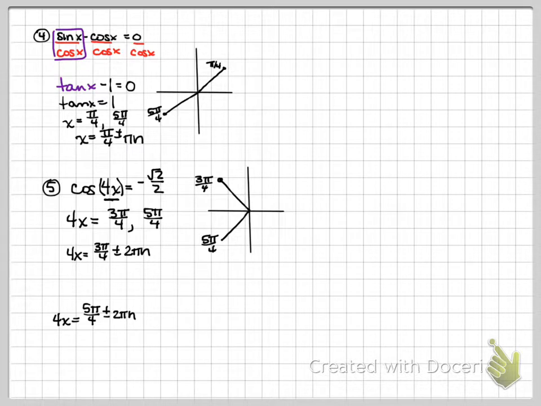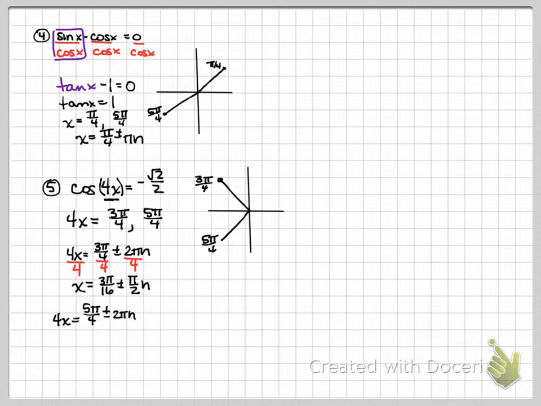Now here's where that 4 comes in. I don't want 4x, I want x. And what we normally would do is then divide this by 4. Well, if I divide my left side of my equation, I have to divide my right. So I'm just going to divide everything by that 4. That's going to give me x equals, multiply your denominator, so 4 times 4 is 16, so 3 pi over 16, plus or minus 2 over 4 is just pi over 2, n. Okay, so there's that equation.